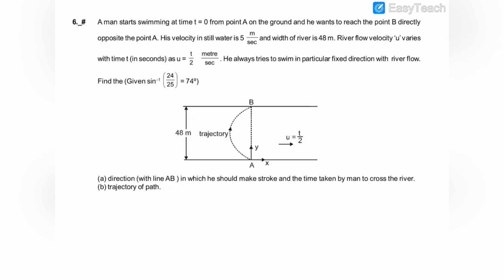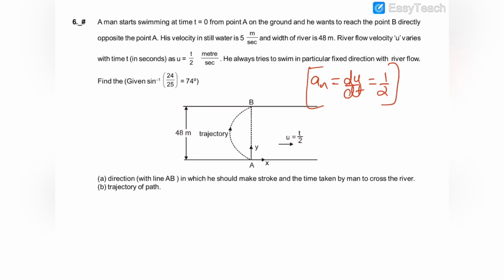We have to find out at what angle with AB he should make the strokes, the time taken by the man to cross the river, and the trajectory of the path. You can see that the velocity of the river is variable here, and if we find the acceleration of the river, then it is du by dt, and therefore it would be 1 by 2.